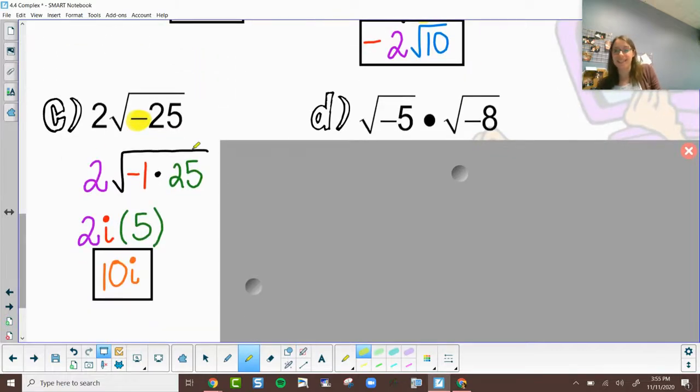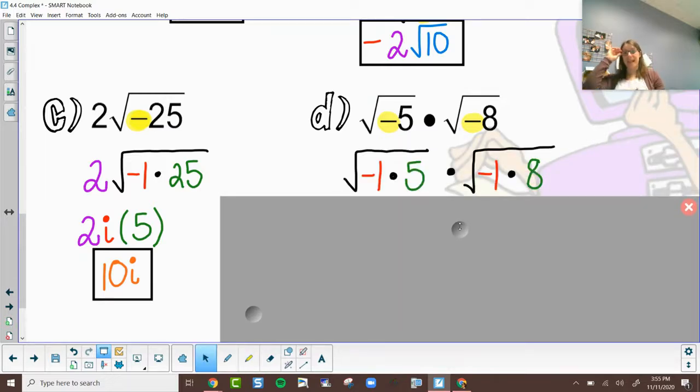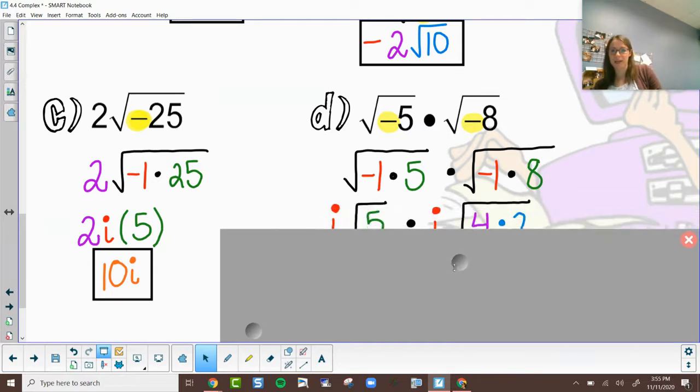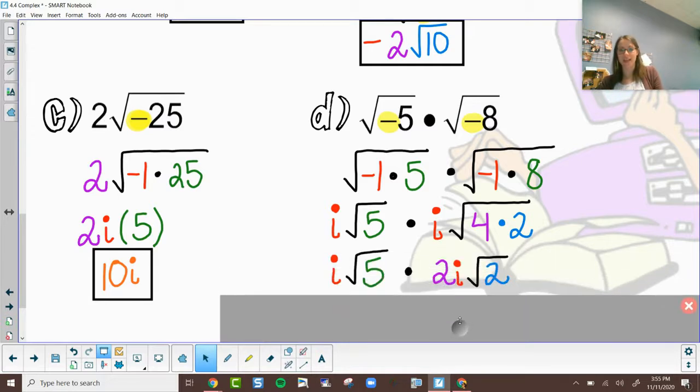All right, on D, I see a negative underneath. So I am going to have some imaginary numbers. So I do the same thing. I take the imaginary part out first. I like doing that. And then I can simplify a little more. Okay, so 8 isn't a perfect square, but I can do 4 times 2, and 4 is a perfect square, so I can take a 2 out.